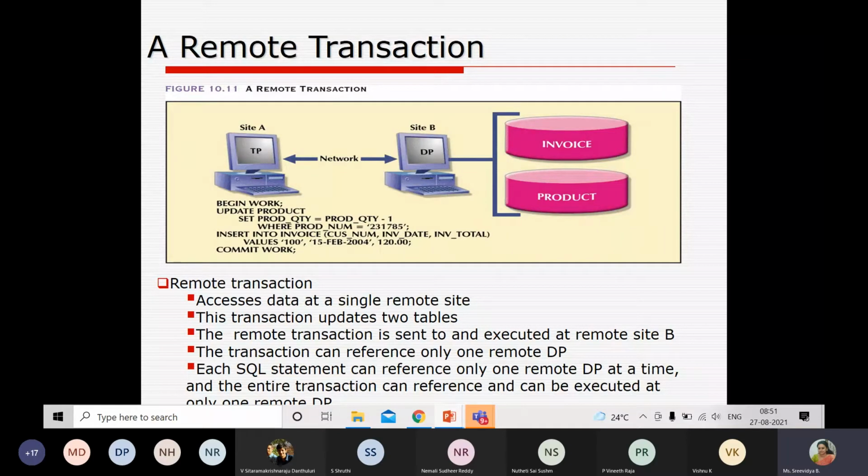Now the way I have stored them is in two different databases. I have an invoice database and a product database, but probably both of them are stored in the same site. We have done a lab exercise where you have two different databases, test1 and test2, and you connected them in your same PHP application, then retrieved data and displayed it, right?